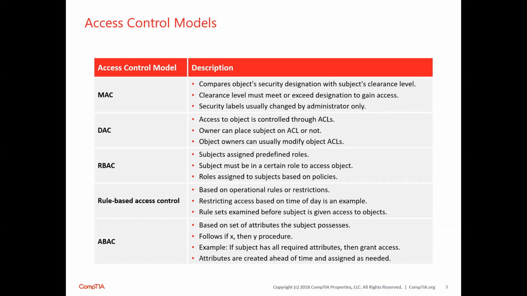So the easiest example of the DAC access control model is Windows, which allows the owner of the object to control the access for other users through an access control list. I'll be giving you some examples of this.